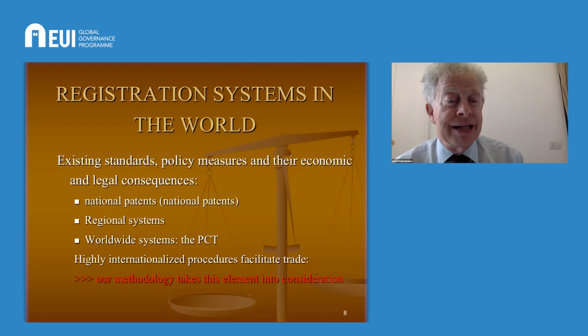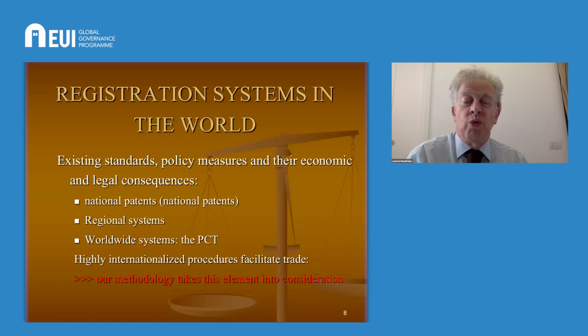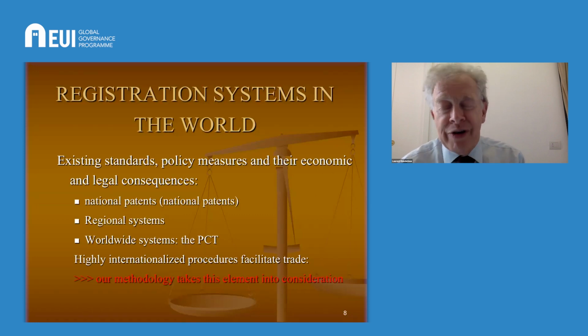This is a system run by WIPO that gathers more than 150 countries and permits, through one application in your country, to request protection for the entire world. Well, for the entire 150 countries. Clearly enough, those who are not in our methodology have a bad point because they are not internationalized enough.